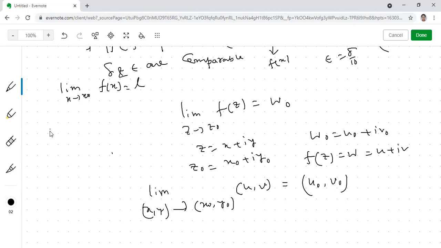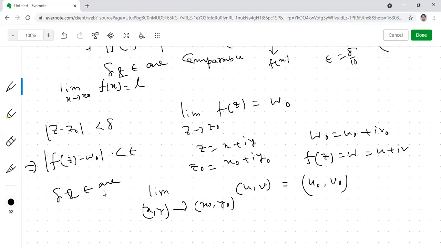So we can write down here that whenever |z minus z0| is less than delta, that implies |f(z) minus w0| is less than epsilon, and delta and epsilon are comparable, then we say that the limit exists.